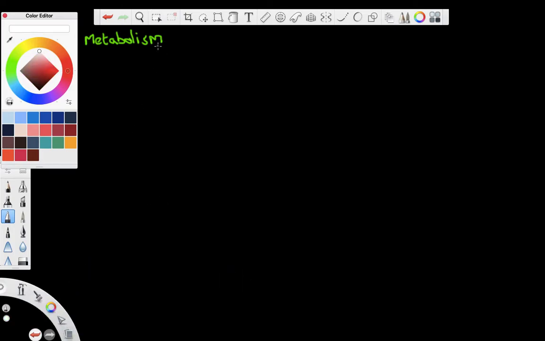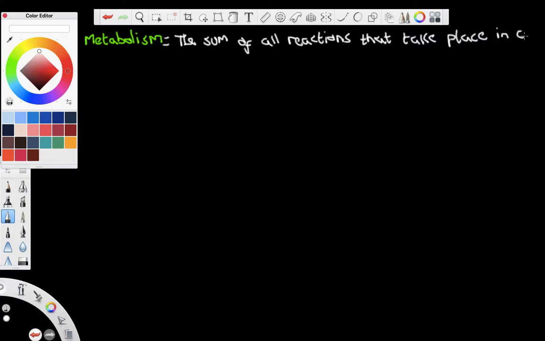So the sum of all reactions that take place in a cell or an organism.